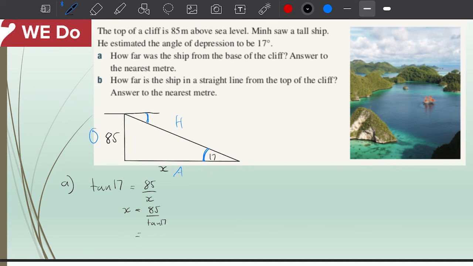Now we've got x equals 85 divided by tan 17. And the answer we get there is 278.022, to the nearest meter is just 278.